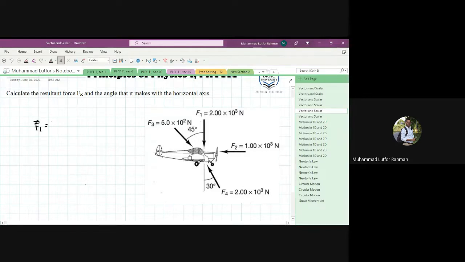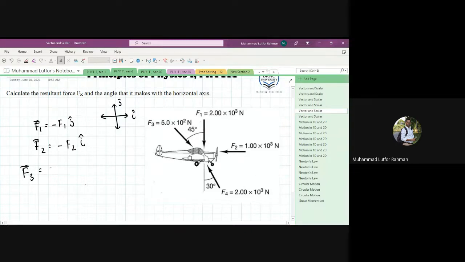So f1 is, I'll write minus f1 j hat, if I write it in the Cartesian coordinate system. So this is my i hat and this is my j hat. And your f2, I'll write minus f2 i hat. Now I have to split only the vector f3.